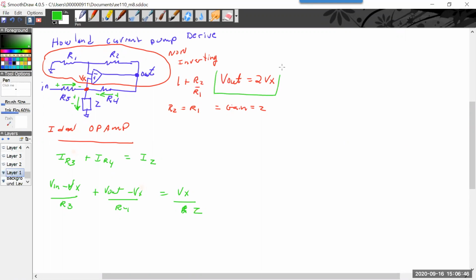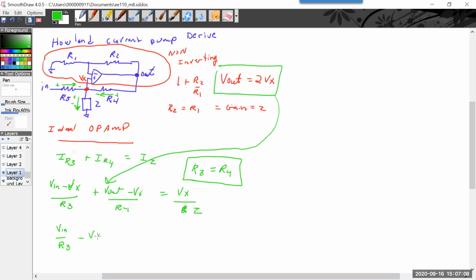We're going to substitute that, and we're going to have these two resistances equal to each other. So we get Vn R3 minus Vx R3 plus 2Vx minus Vx R3 equals Vx divided by the impedance.